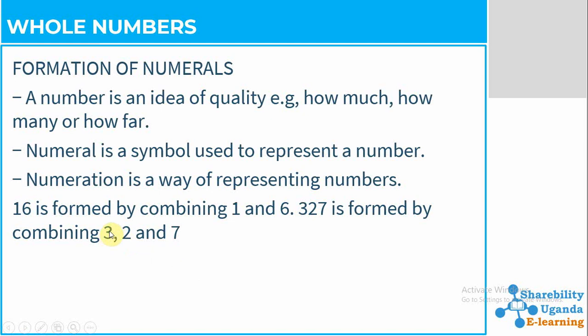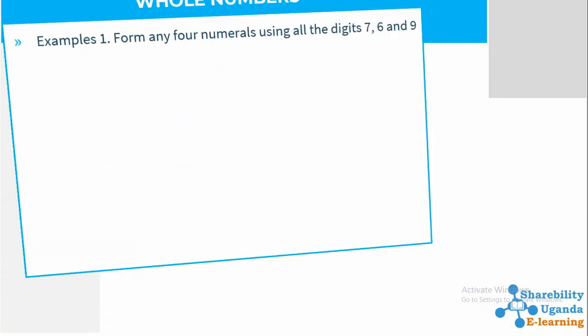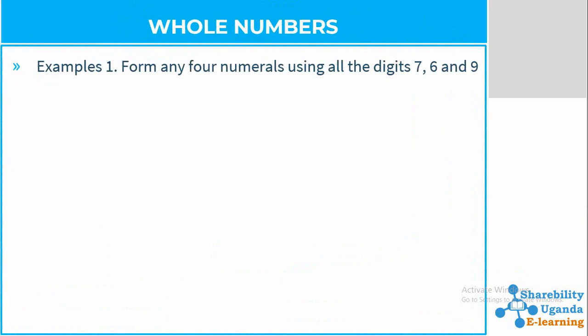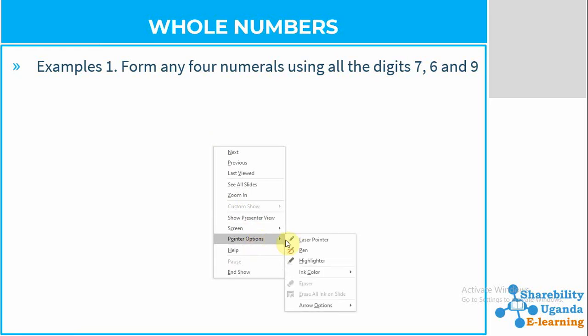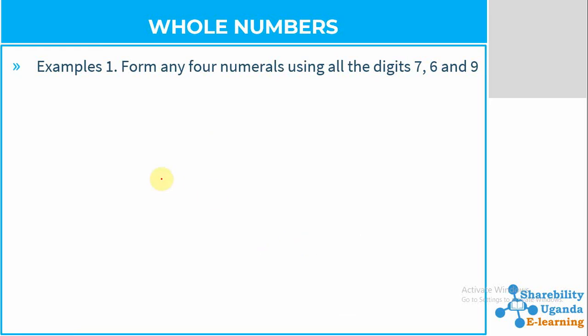Here they have how many digits? 1, 2, 3. They have 3 digits. Here they were able to form only 1 numeral, so now we shall form the four numerals. So how do we come about that? Let's pay some attention and see how we are going to form the different numerals from this.